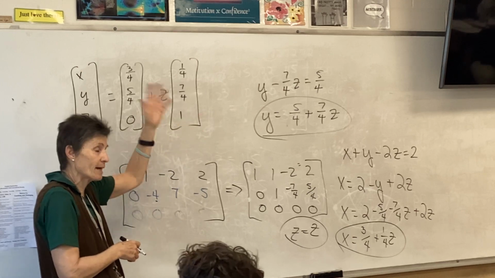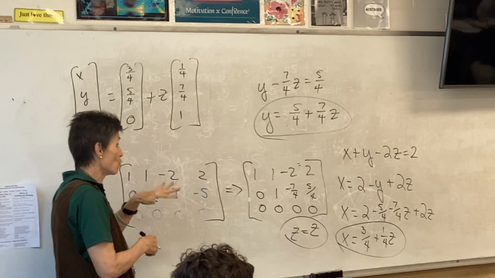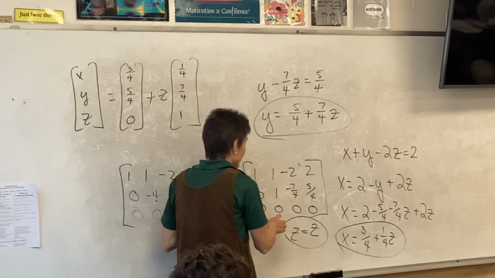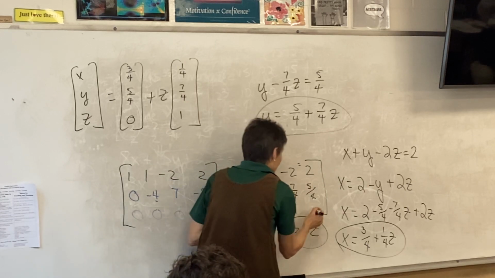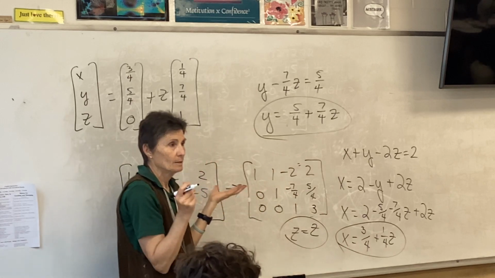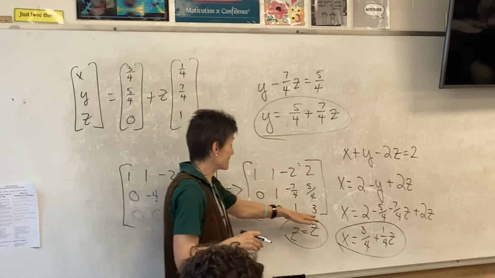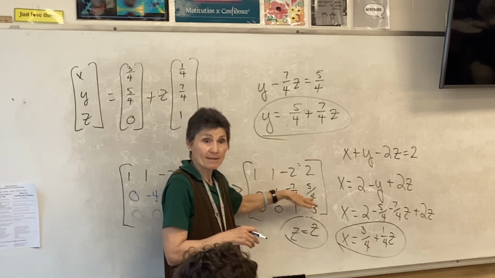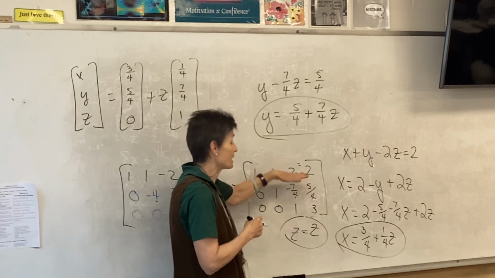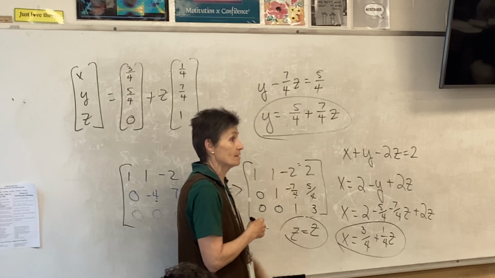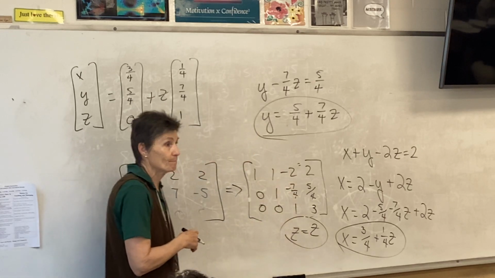It doesn't matter if it's by hand or with the calculator. But normally the problems we've done by hand, this has turned out to be like 1, 3, and that told us z was 3. And then we came up here and plugged that in and figured out y, and then we plugged those in and figured out x. That isn't what happened this time.